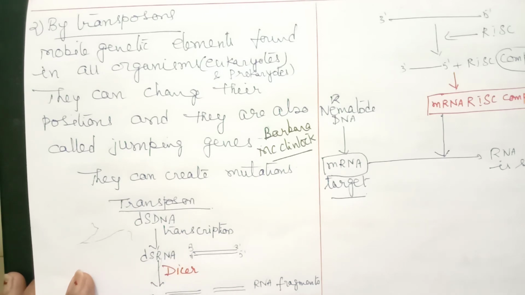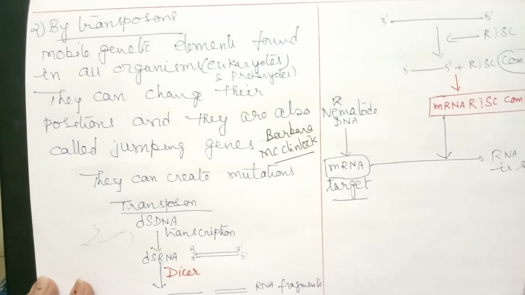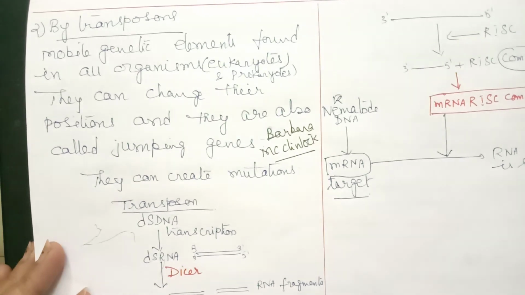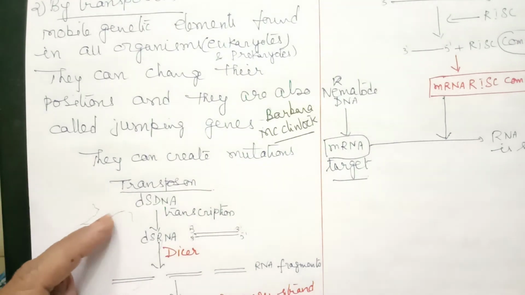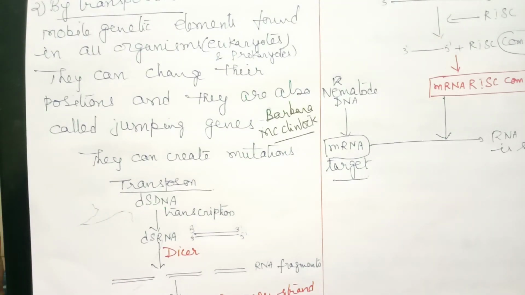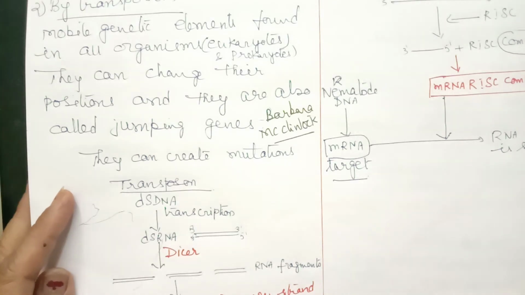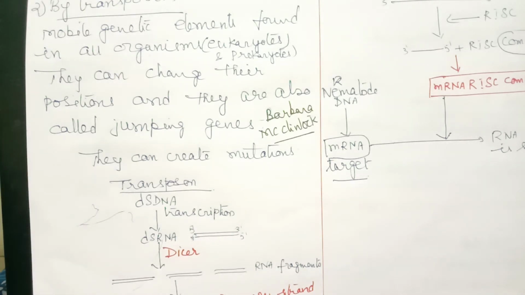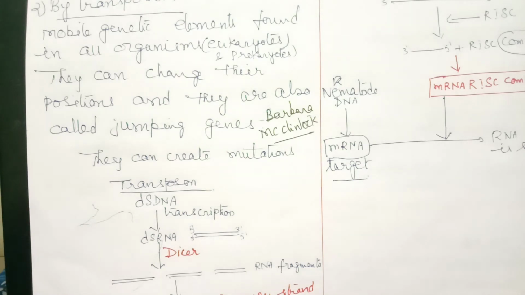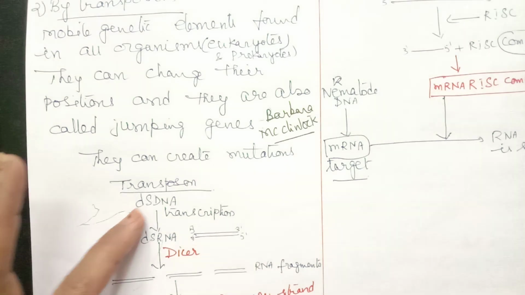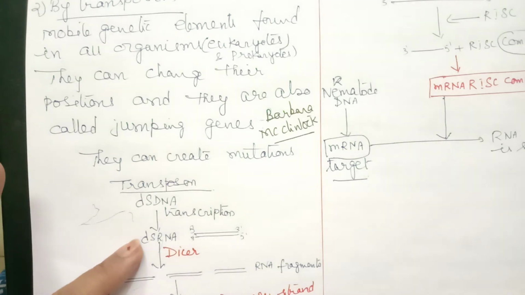Briefly, the process of transcription I am going to discuss in another video. One of the strands will help in formation of mRNA, which can become double-stranded again and then give the double-stranded RNA.